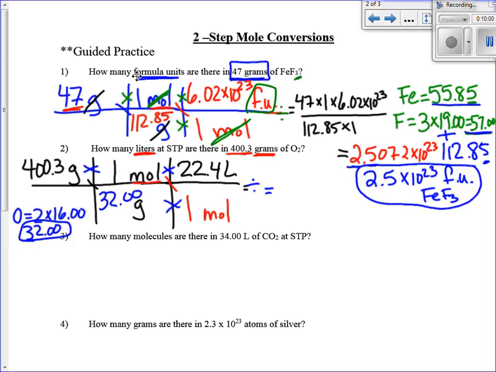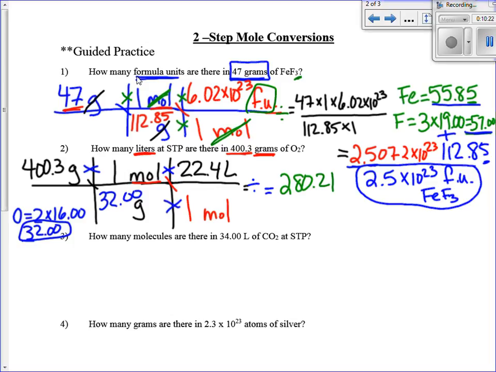Hit enter, and then do divided by 32. And that should give you your answer. Remember, the ones, we can kind of not calculate them in because everything times 1 is itself. So, we get 280.21. Now I have to look at my sig figs.